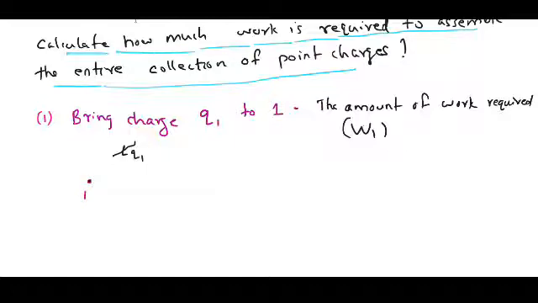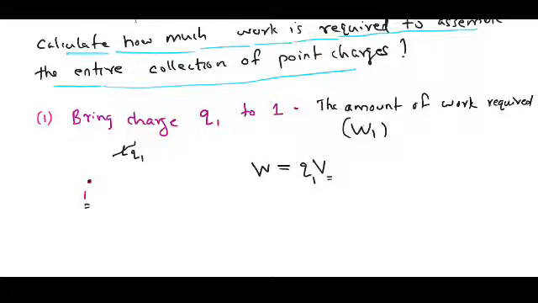Therefore, to find the work done, we know that the expression is Q into V, which we derived just now, where Q is the test charge. Here the test charge is Q1, which we are bringing to the position 1. V is the potential present at the point 1, but there are no other charges near the point 1, no charge at all.